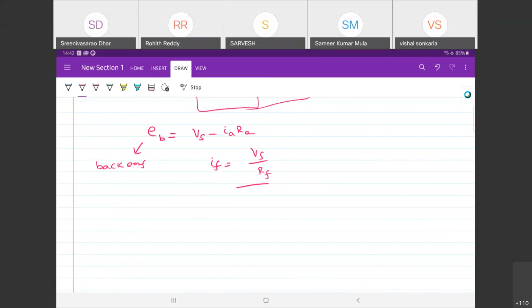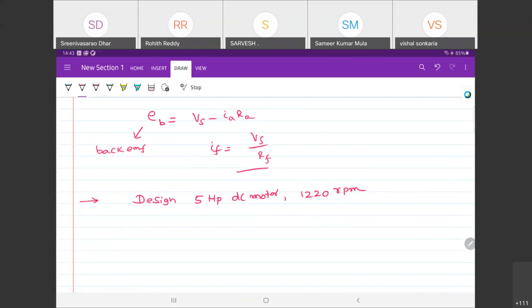So now in our experiment, that is a simulation experiment, what we are going to study is, first we need to design a 5 HP DC motor, and I assumed its speed is 1220 RPM, with source voltage of 240 volts DC, right?